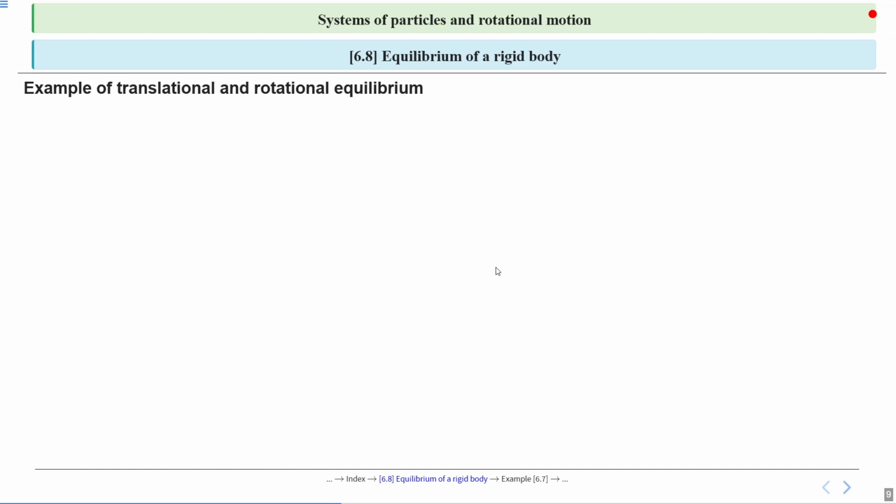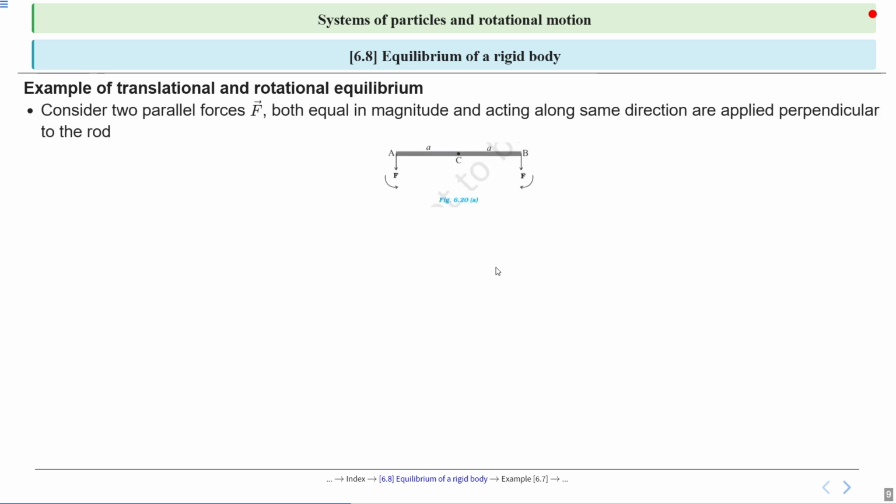Examples of translational and rotational equilibrium. So first, consider two parallel forces.